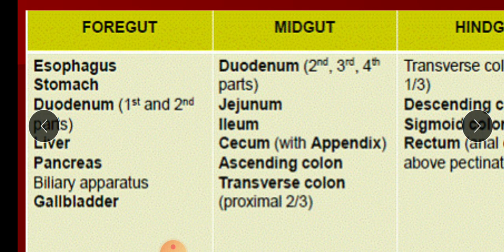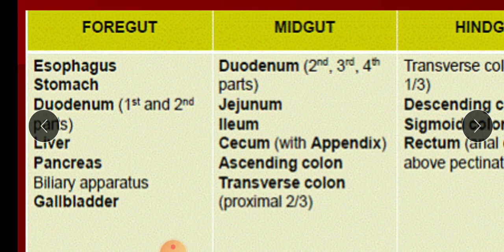First of all, before reaching the esophagus, certain parts, the floor of the mouth region, then the pharynx, then the esophagus, then the stomach, and then the first part of the duodenum up to the opening of the bile duct is also developing from the foregut. That much region of the GIT. How much region? The floor of the mouth, the pharynx, the esophagus, the stomach and the duodenum till the opening of the common bile duct.